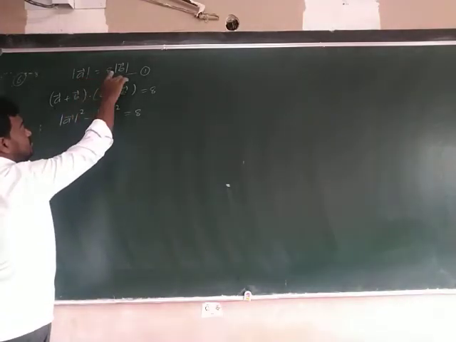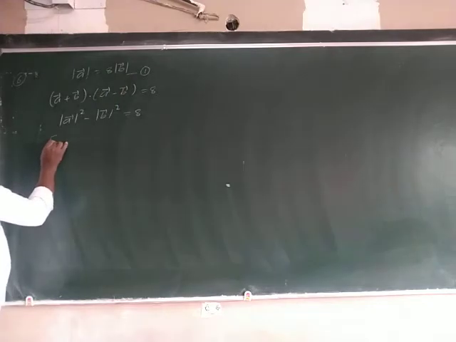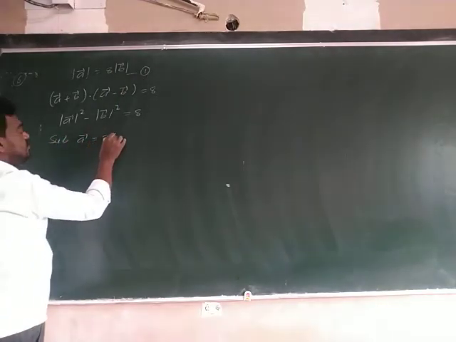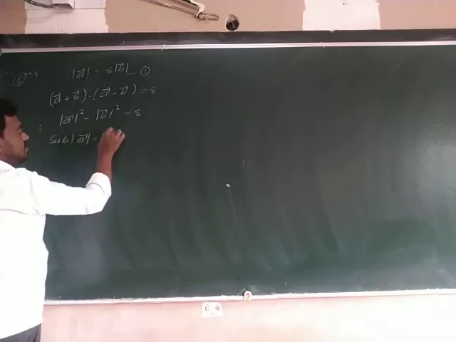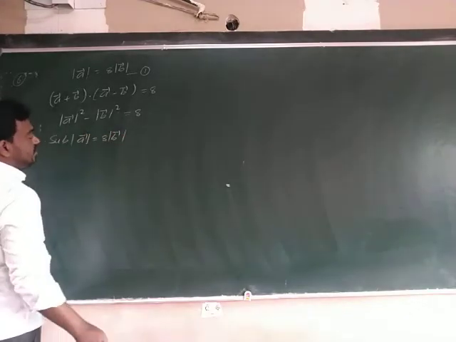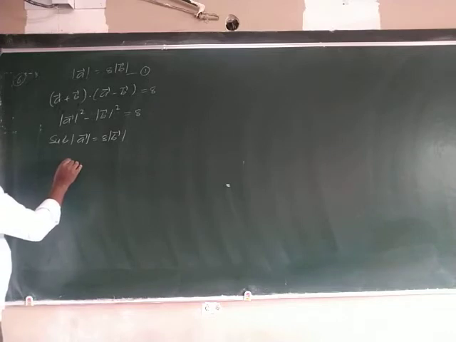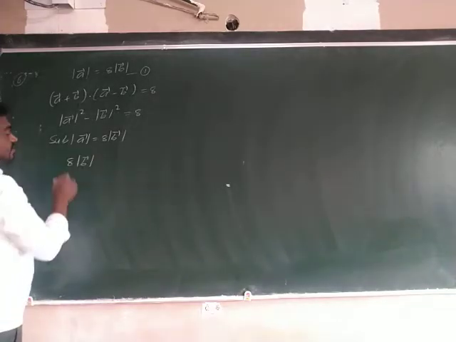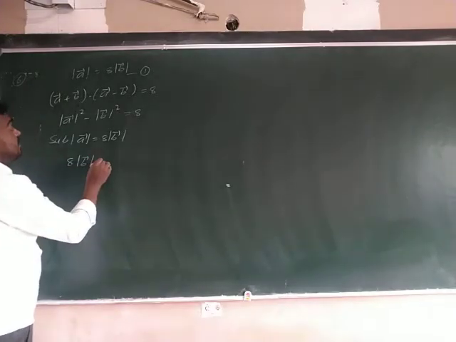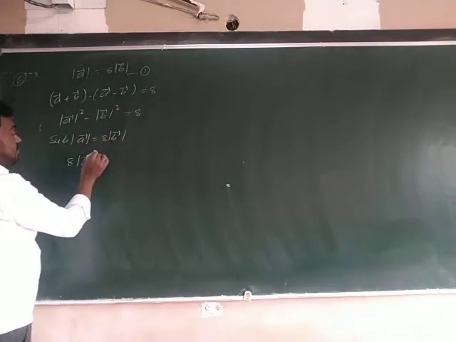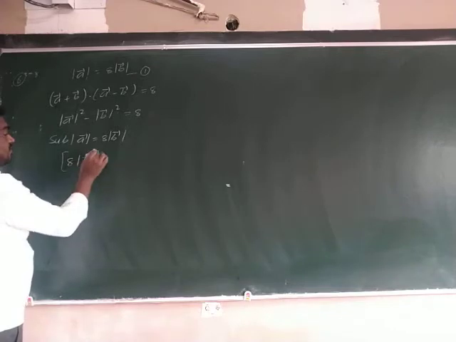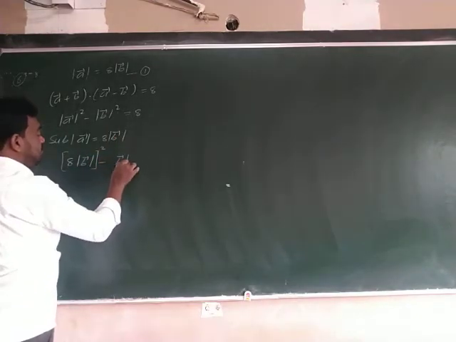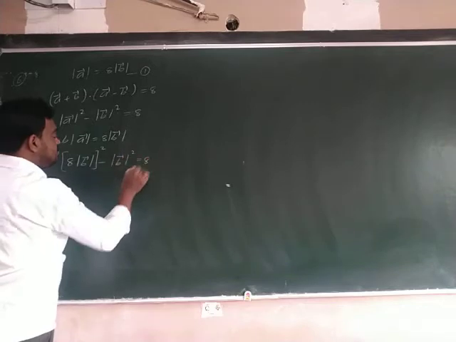The magnitude of vector A is equal to 8 into the magnitude of vector B. So 8 into the magnitude of B, the whole square, minus the magnitude of B square is equal to 8.